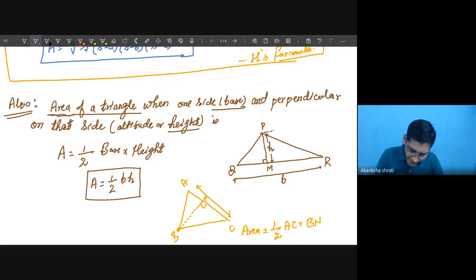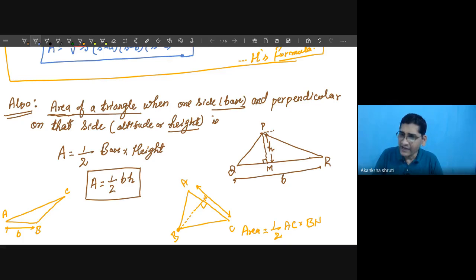A student, it may be possible that a triangle is like this. Say the triangle is like this. Consider this as A, this as B, this point as C. You know this AB length as base B. Then what will be the perpendicular here?